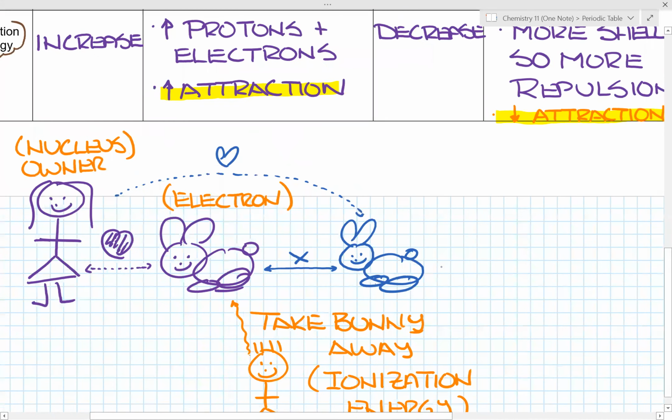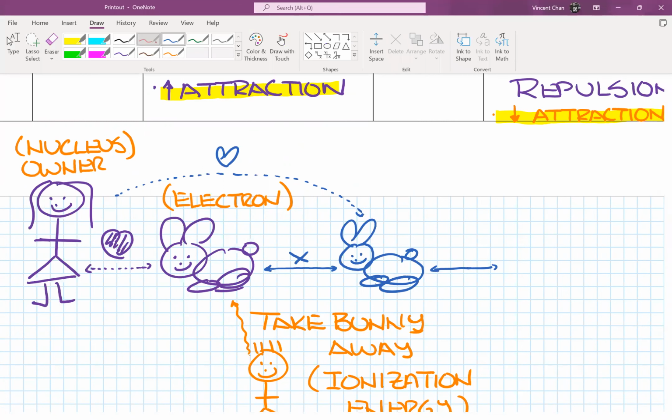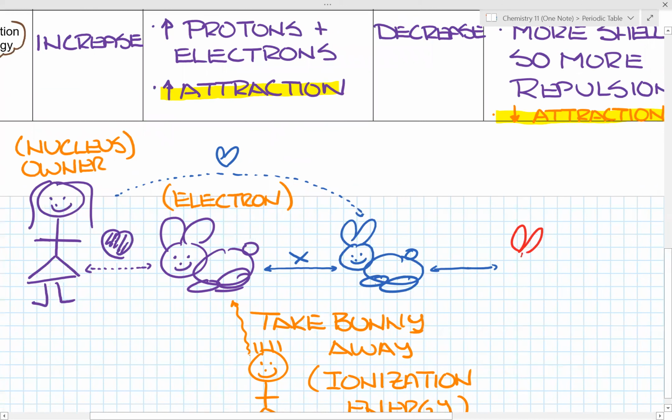Now, as you go down the family, the shell gets bigger because, again, it might be like having a third bunny. Let me draw this bunny in a different color. So what you have is a third bunny.